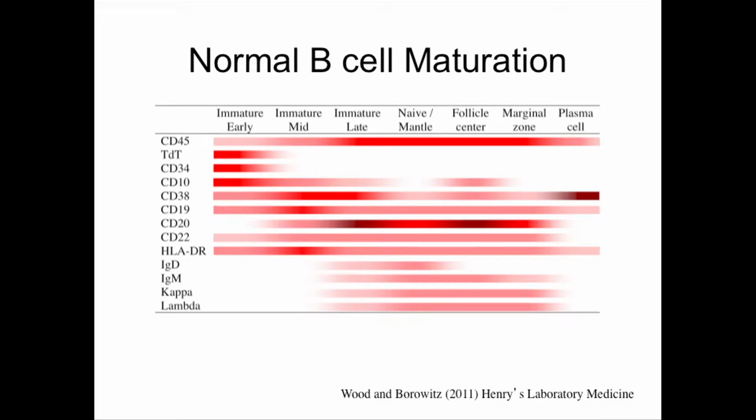So what this implies is that one can create maturational maps, in this case of B-cell maturation, where one can look at a variety of different antigens associated with B-cell differentiation and identify the stages along that differentiation pathway where these antigens appear and disappear, in which they're expressed, and create maturational maps of this sort.